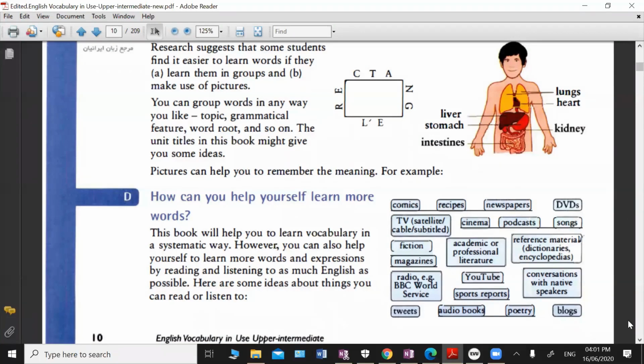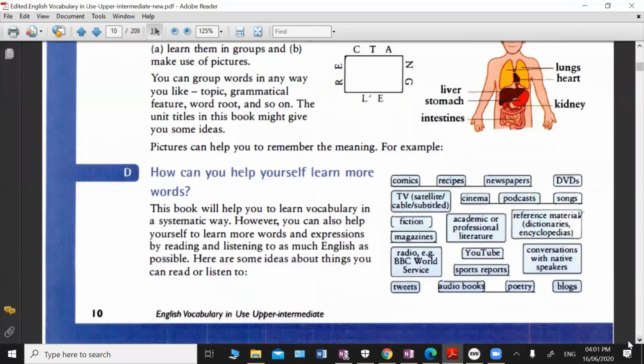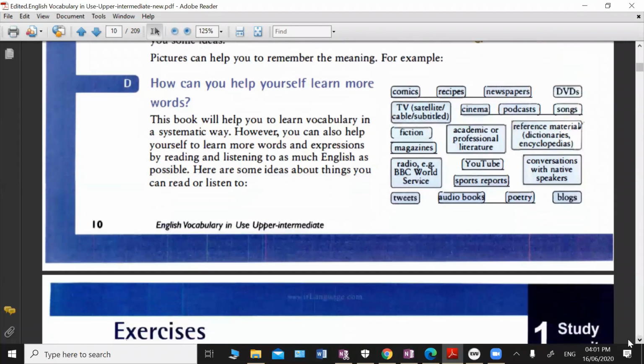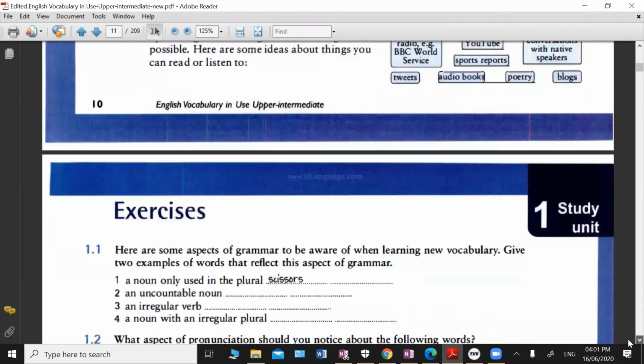Then we also studied different methods and channels where you can improve your vocabulary, like YouTube channels, newspapers, digital TV channels or cables, fiction or magazines, DVDs, movies, cinemas, blogs, recipes, comics, audiobooks, tweets, different things.